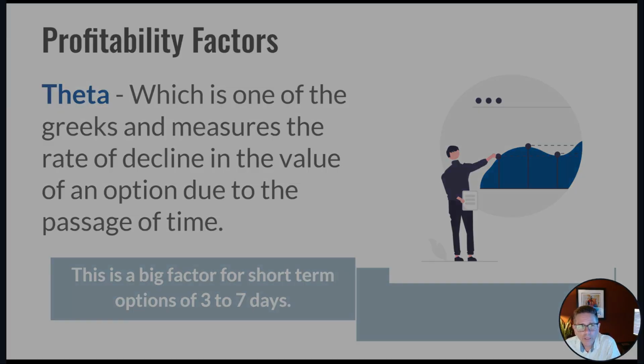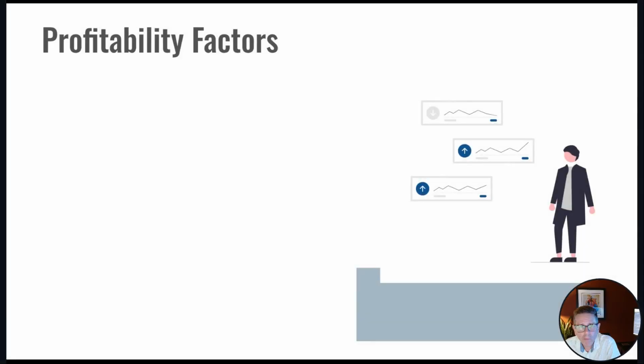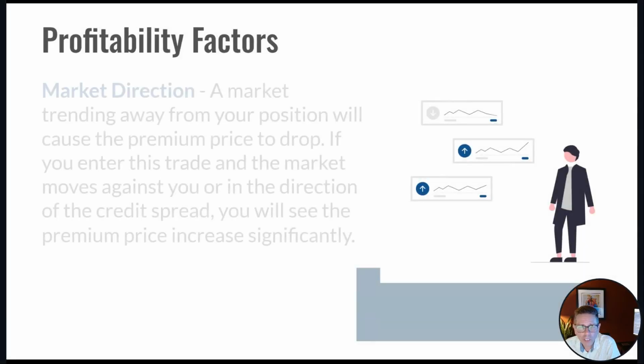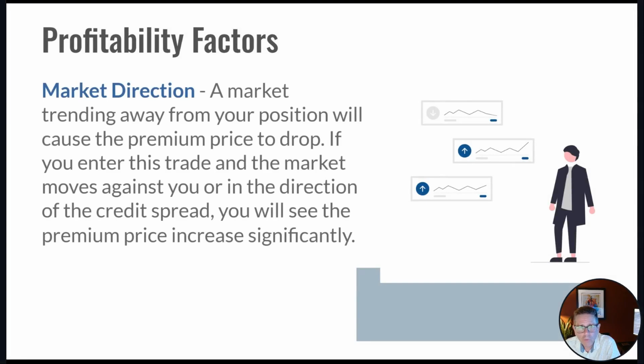Okay, all right. So the third profitability factor is really market direction. So if the market is trending up or down, as the market goes up and you have a put spread, the decay is going to go very, very quickly on the put spread.